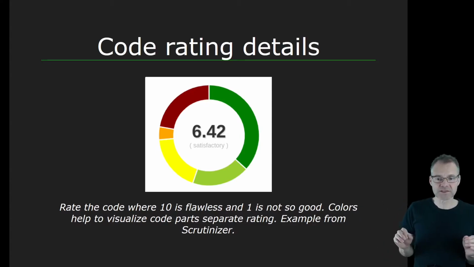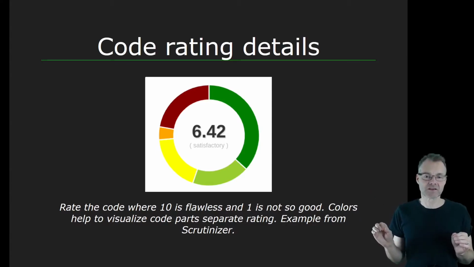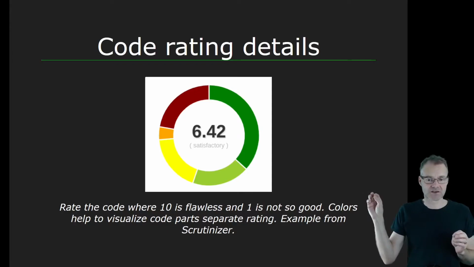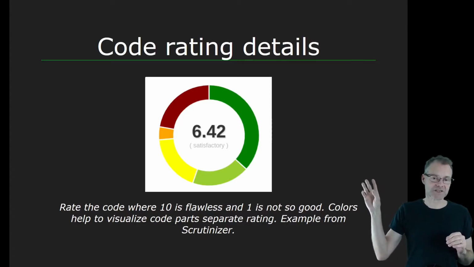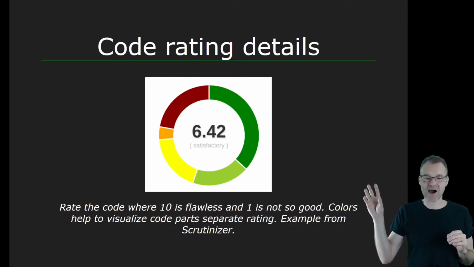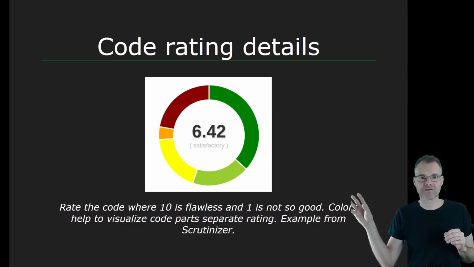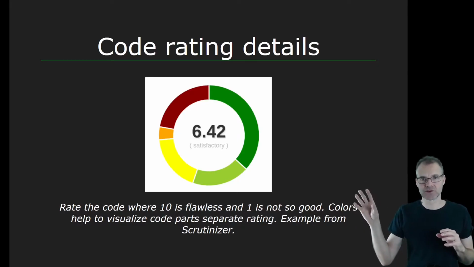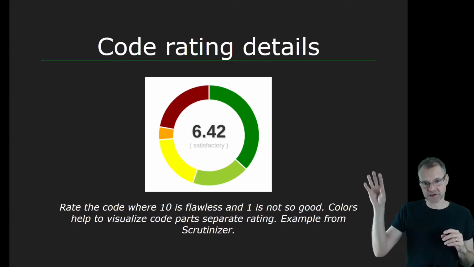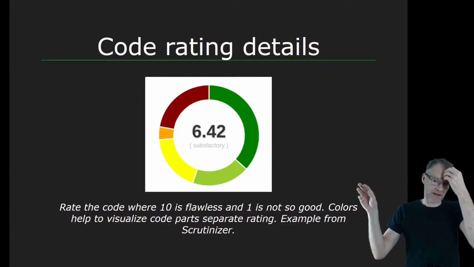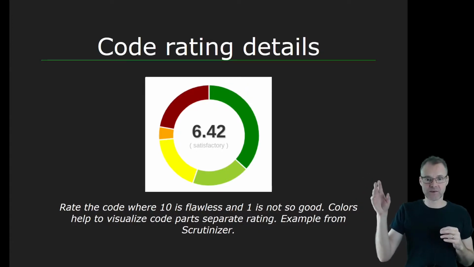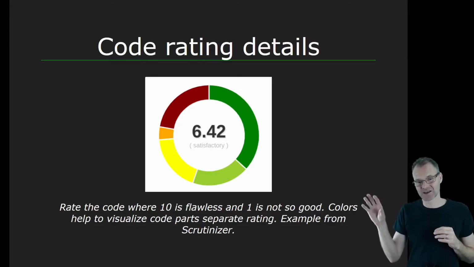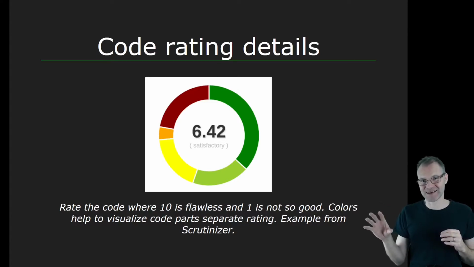So let's see a bit more of these code rating details. 10 is good, 1 is not good at all. These colors we see here help to visualize how large a part of the code is bad or good. The green parts here are good, yellow in the middle, and this particular software here, more or less a quarter of it is bad.